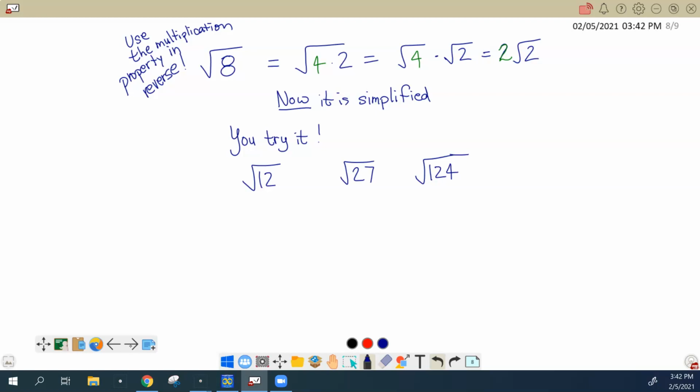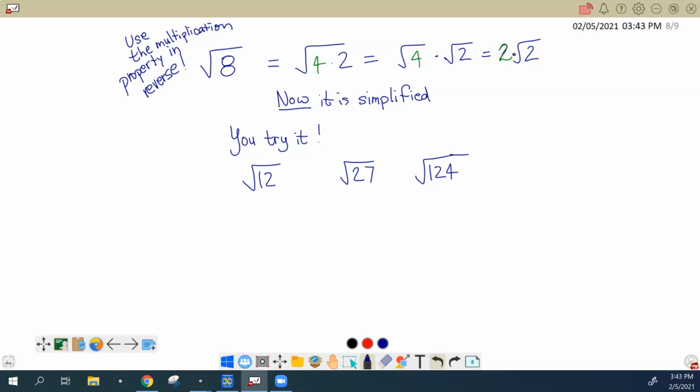So you see, I've written the 4 in green. That means that's a perfect square. So I'm breaking apart the 8 into these two pieces, okay? So the square root of 8 is equivalent to the square root of 4 times 2, which is equivalent to the square root of 4 times the square root of 2, and the square root of 4 is 2. So we now have 2 root 2.